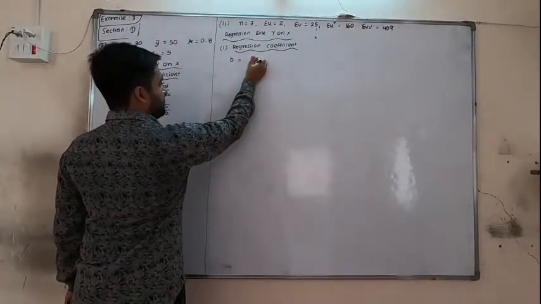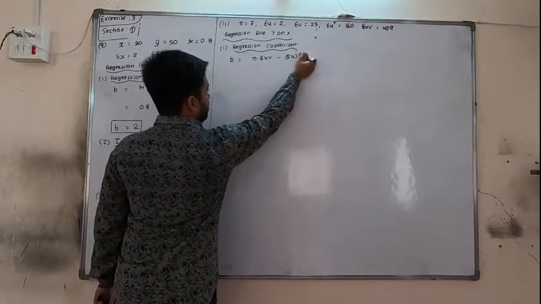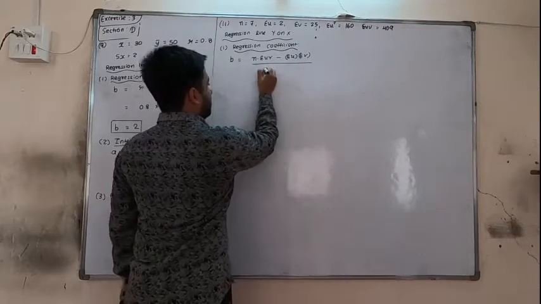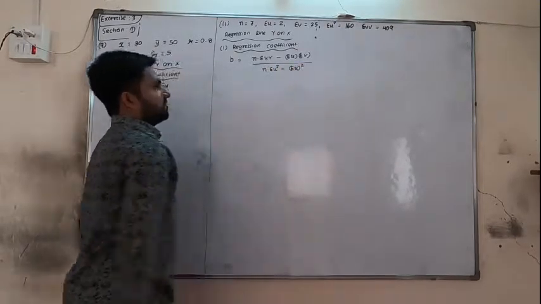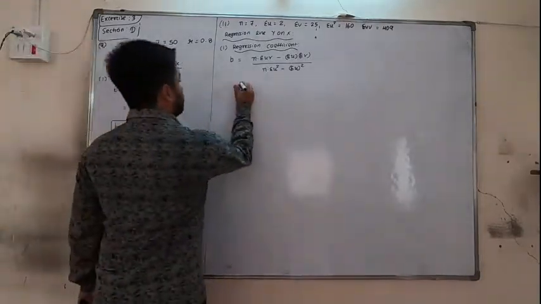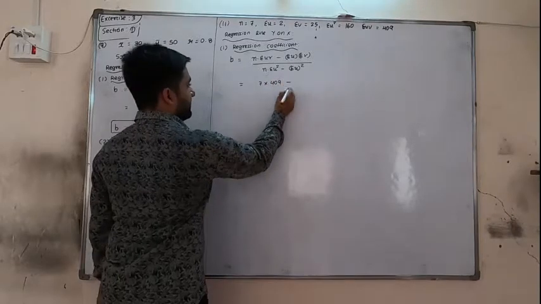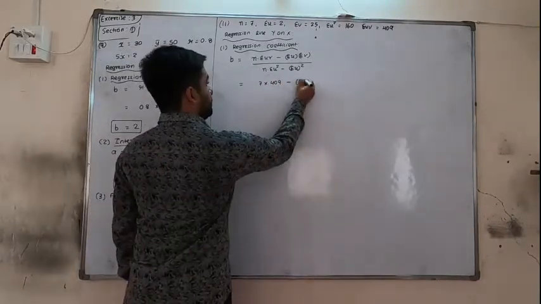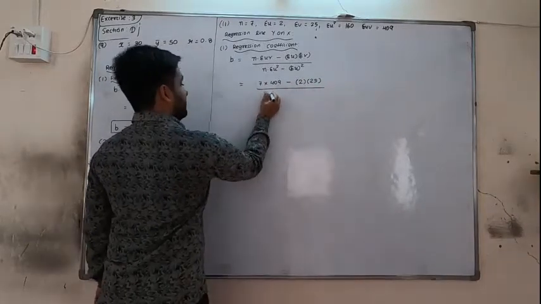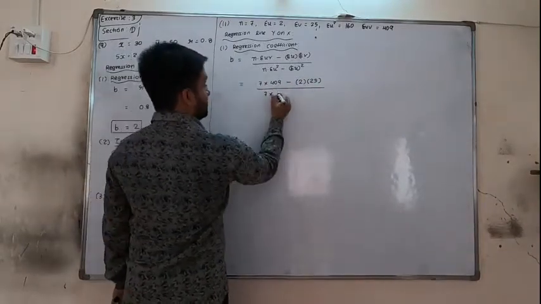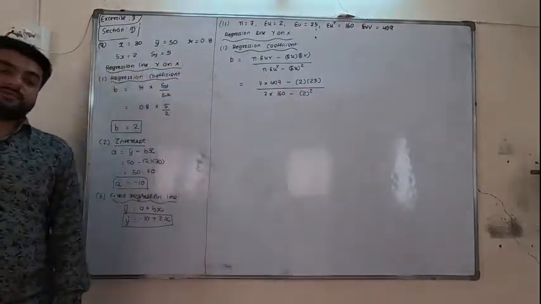V on u is equal to n into sigma uv minus sigma u into sigma v, upon n into sigma u square minus sigma u whole square. Okay. N is 7, sigma uv is 409, sigma u is 2, sigma v is 25, n is 7, sigma u square is 160, and sigma u whole square.